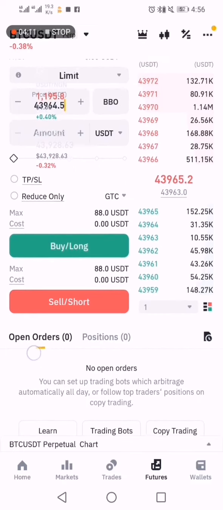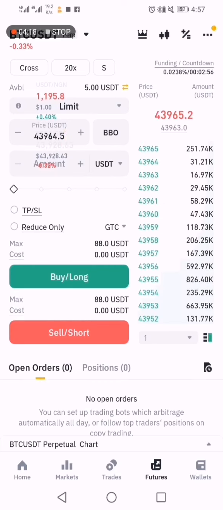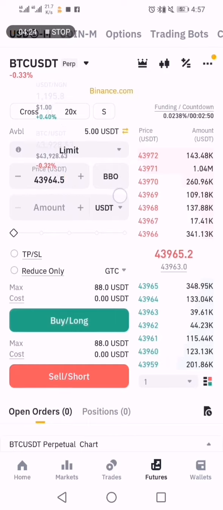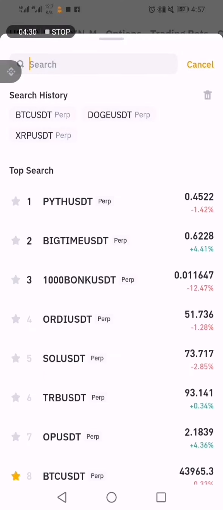Now I'm checking the order book to see the situation of the market. Let's check other assets as well. Let's see what is going on generally.